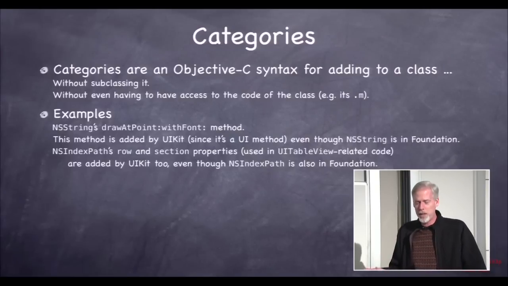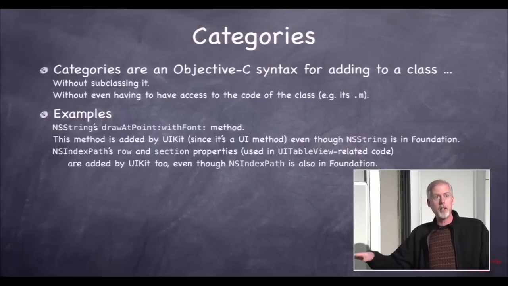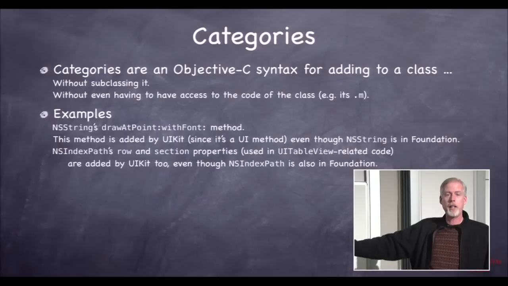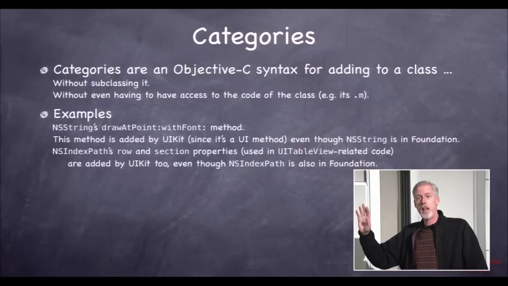String is a Foundation thing. It's not a UI thing. How could it possibly have drawAtPoint? Well, the answer is UIKit adds this method to the NSString class in its framework. And it's truly added this method to NSString. NSString now has this extra method that it didn't have before UIKit came along.